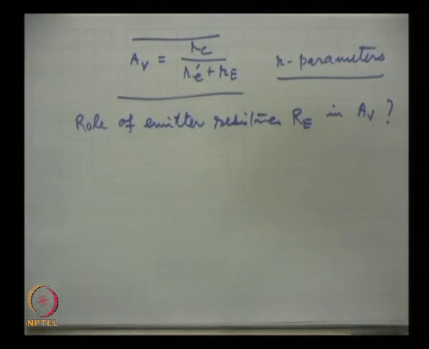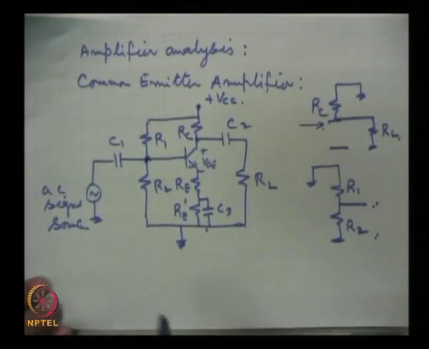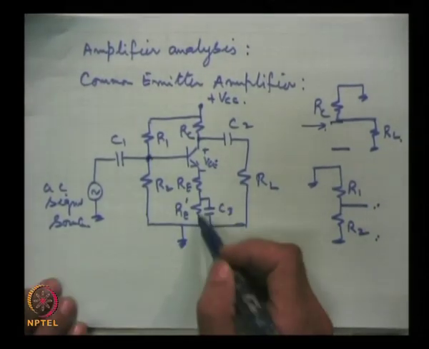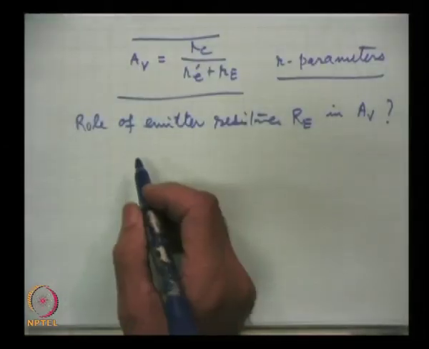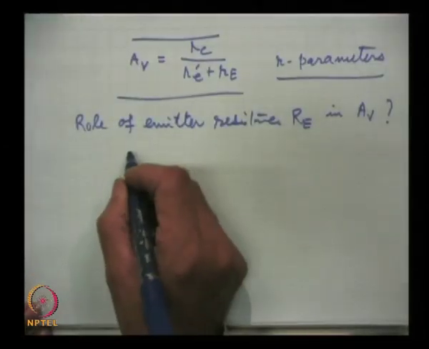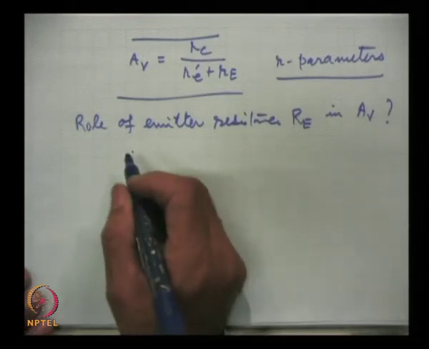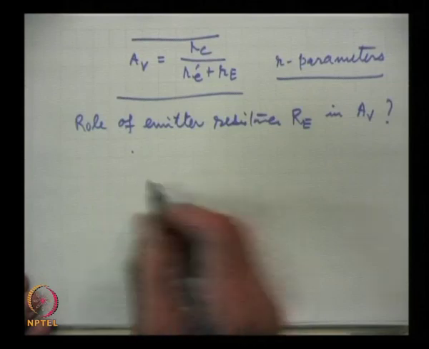Look at the original circuit. Here, suppose we use only one resistance like this, so that the circuit becomes this.